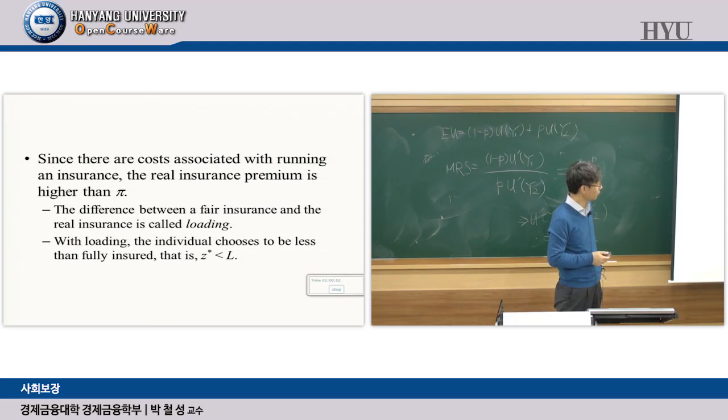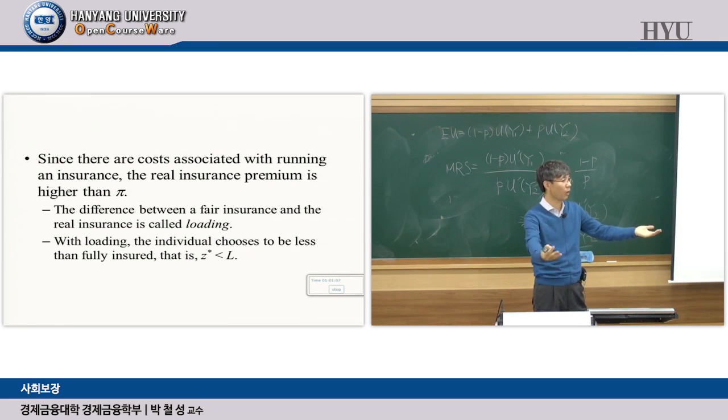But in reality, what usually happens is that there are costs associated with running an insurance company, right? The cost of an insurance company is not just the paying out. You should have an office, for example, and all those different things.